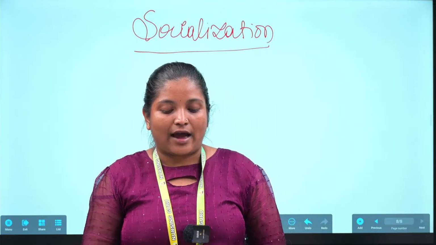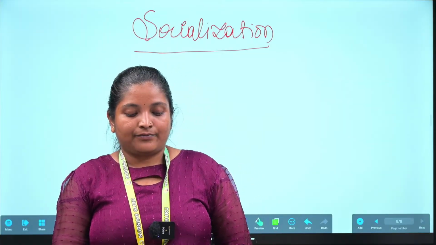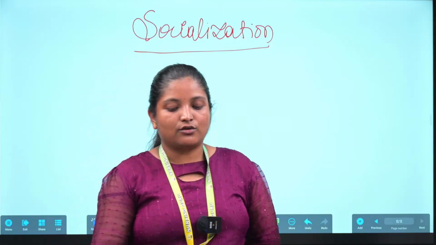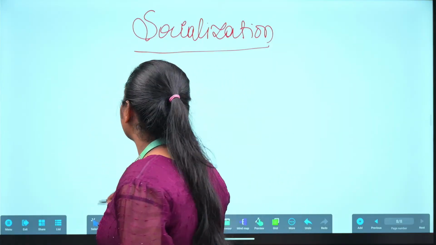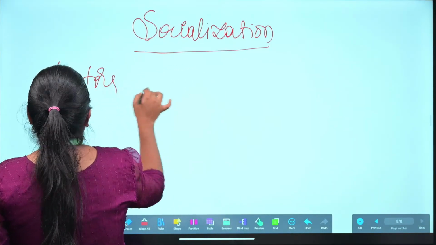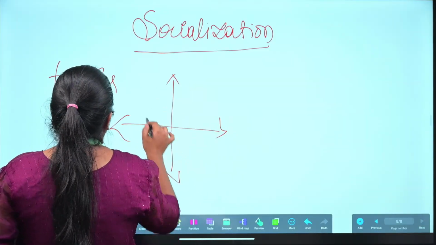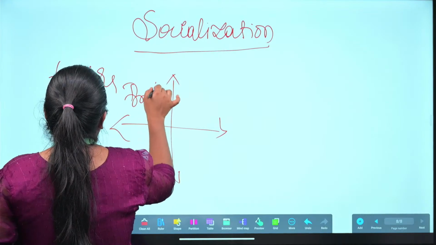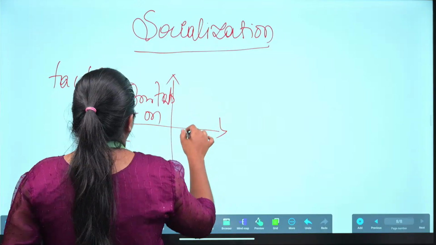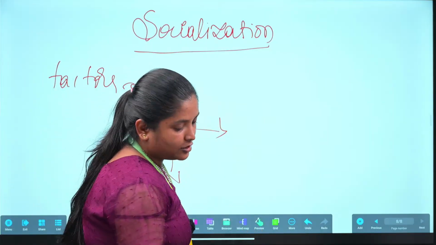The next one, factors of the process of socialization: imitation, suggestion, identification, language.